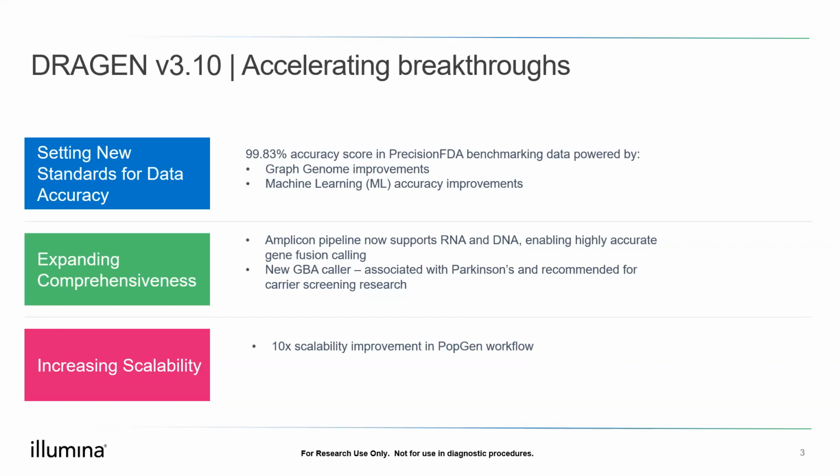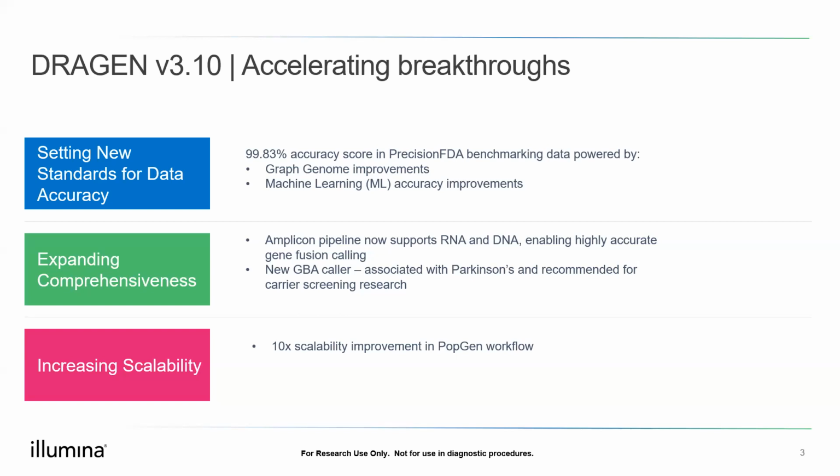as well as another area of focus in our team, which is to increase scalability of our PopGen and our cohort analysis workflows. We have a major improvement in this area. Again, this becomes extremely important as we are seeing PopGen initiatives happen around the world, where cohort sizes grow. If you think about the UK Biobank, 500,000 samples, the All of Us program that is going to 1 million samples.